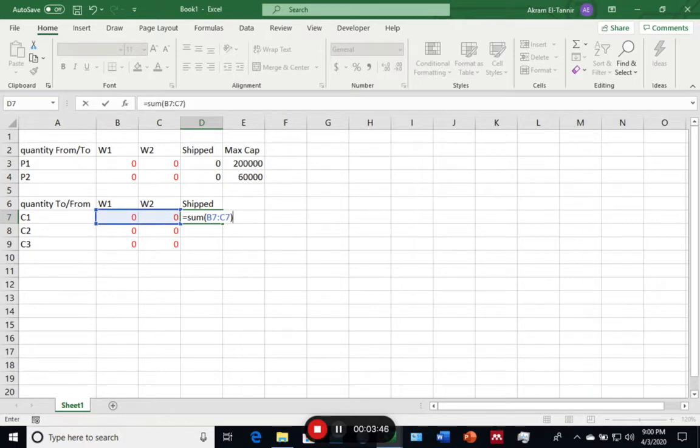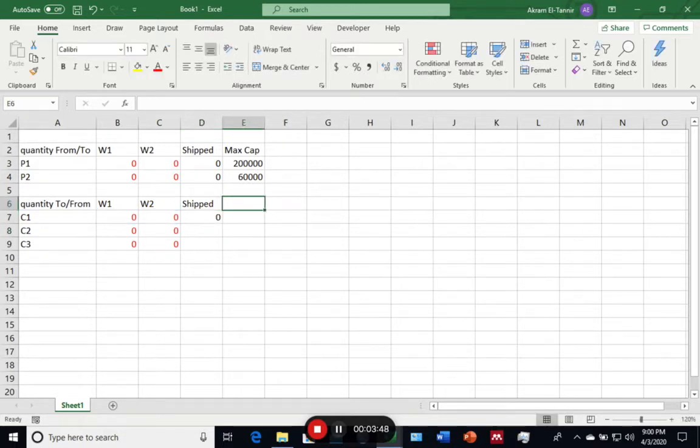So that must meet the required demand. For customer 1, we know that there's got to be 50,000 units to ship. We do the same thing for the other two clients and introduce the required demand for both of them.